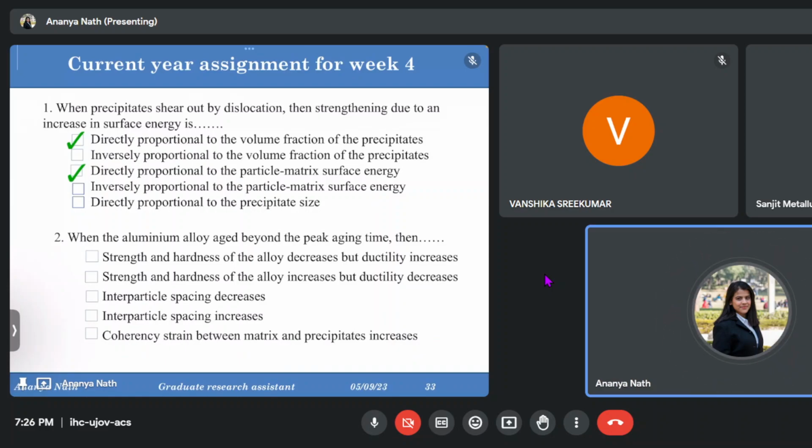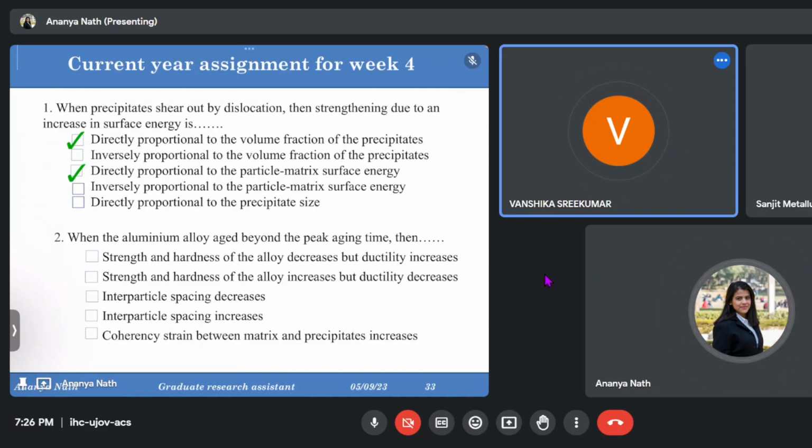C and A. When the aluminum alloy is aged beyond the peak aging time, what will happen? What is it called? Theta phase. Overaging, it's called overaging.